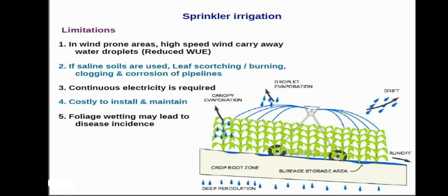It is costly to install and maintain. Foliage wetting may lead to disease, because daily moisture on the leaf leads to germination of fungal and bacterial spores on the leaf, which leads to diseases.